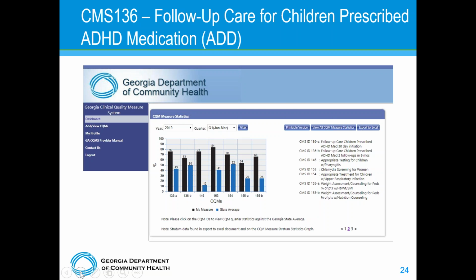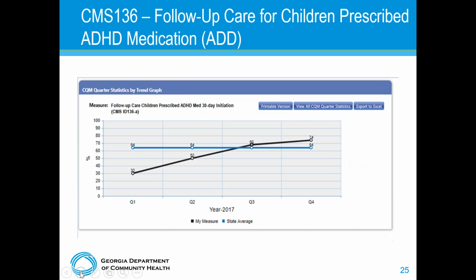So again, on the next slide, we can capture a snapshot of our trend analysis, in this case for the year 2017. We developed some interventions for the gap that was identified, and you can see throughout the 4 quarters that we trended upward.